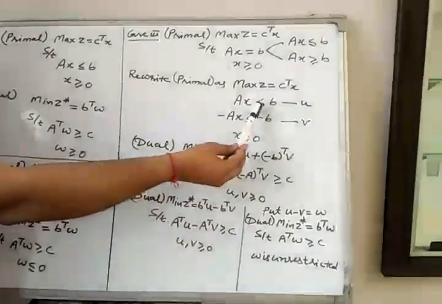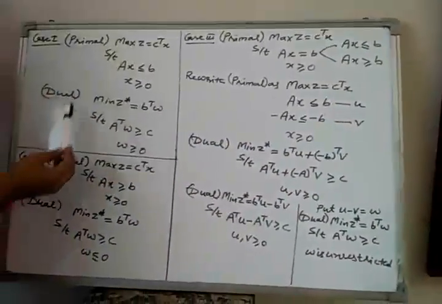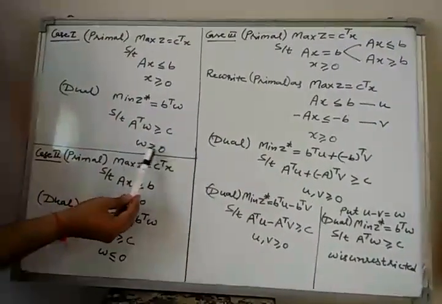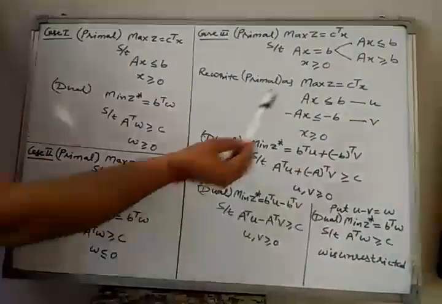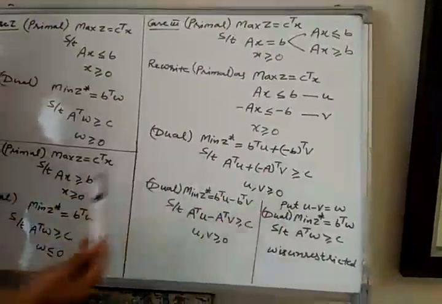As both inequalities are of less than or equal to type, and we discussed in the first case that then dual variables are greater than or equal to 0, both dual variables u and v are greater than or equal to 0.